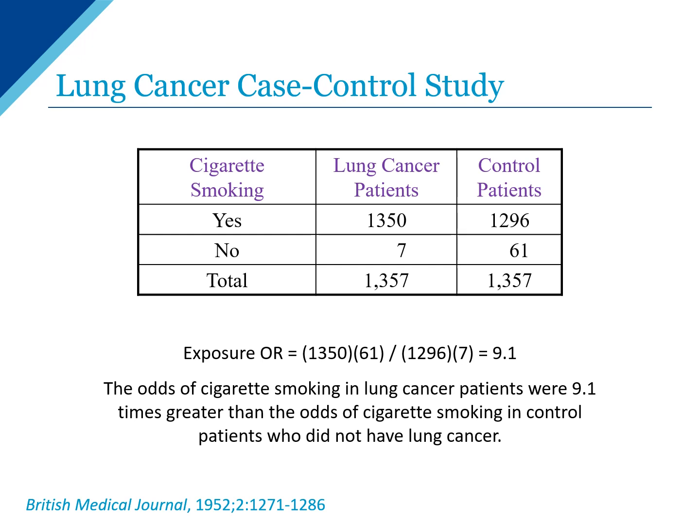You can see by the fact that only 68 patients of the 2,714 total patients in the study didn't smoke at all, that everyone was a smoker in 1952. In this study, they found that the odds of cigarette smoking in lung cancer patients were 9.1 times greater than the odds of cigarette smoking in control patients who did not have lung cancer.